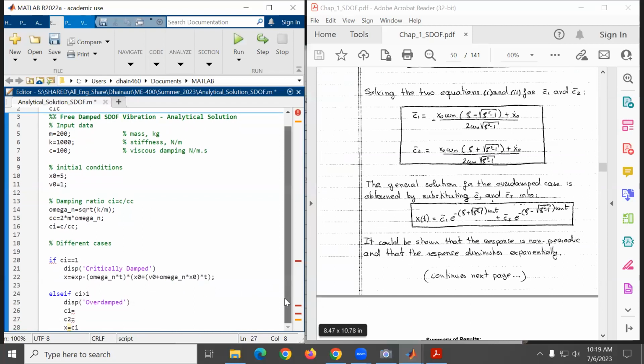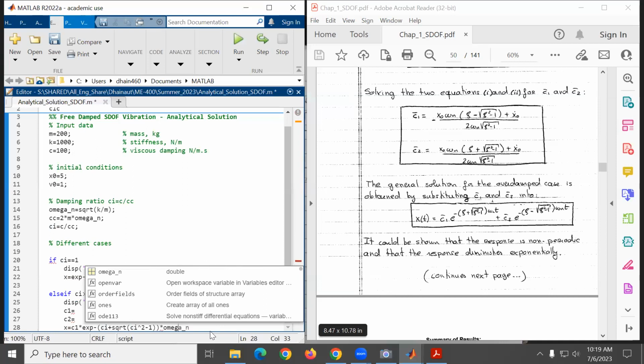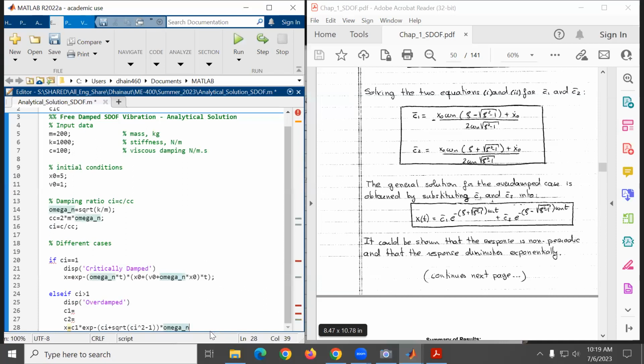So x will be equal to C1 times exponential minus of C plus the square root of C squared minus 1, outside this one, times omega n times t.